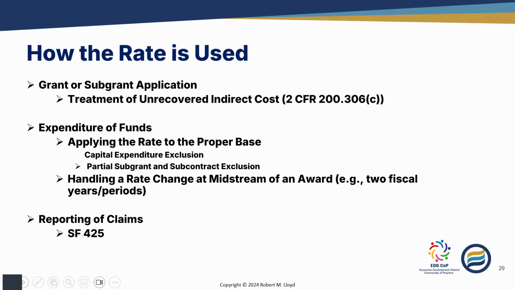Those of you that are familiar with the standard form 425, the federal financial report that's used on direct reporting from prime grantees to the federal government, there's actually a section of the standard form 425 where the organization fills in the indirect cost rate that they are using, the base of expenditures that is involved, whether it's modified total direct cost, salaries, wages, and fringe benefits, or salaries and wages alone, and identifies how that application of the rate resulted in a particular indirect cost charge for that quarter.